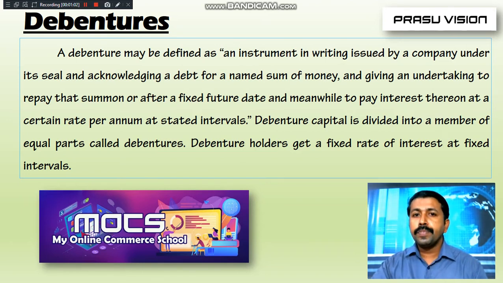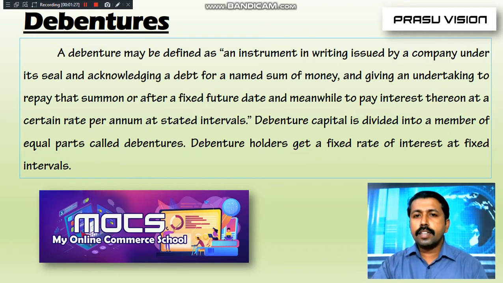A debt for a named sum of money and giving an undertaking to repay that sum on or after a fixed future date, and meanwhile to pay interest thereon at a certain rate per annum at stated intervals.